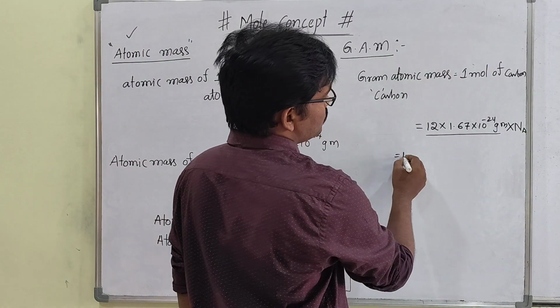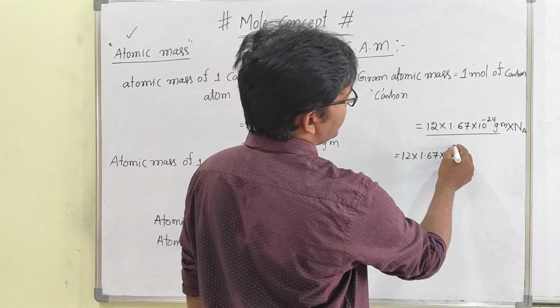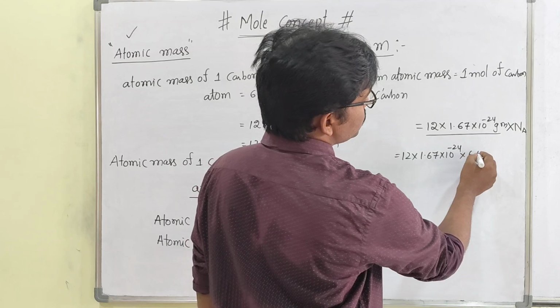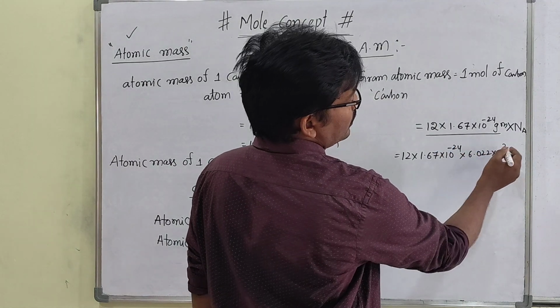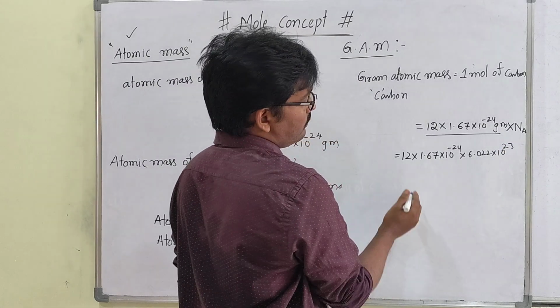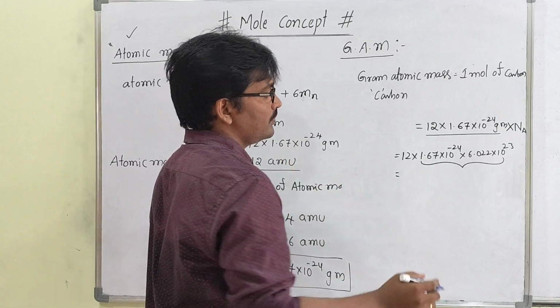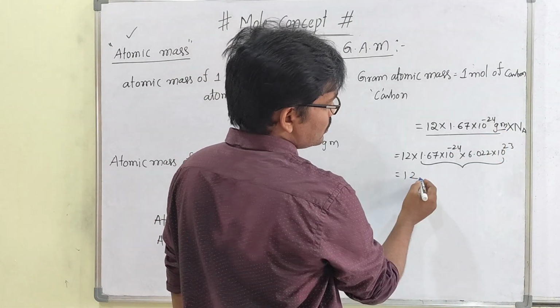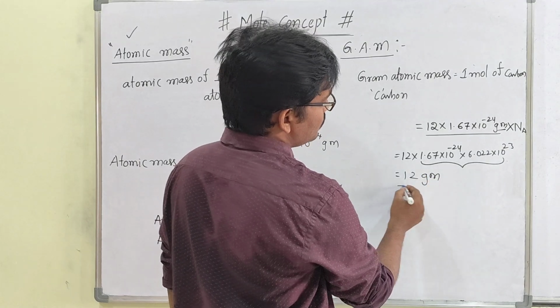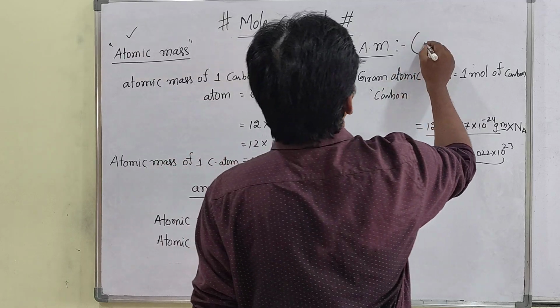So 12 into 1.67 into 10 to the power of minus 24 into 6.022 into 10 to the power of 23. This is Avogadro number. When it is multiplied, these values both give you value 1. So that is 12, and grams will be there, so 12 grams.